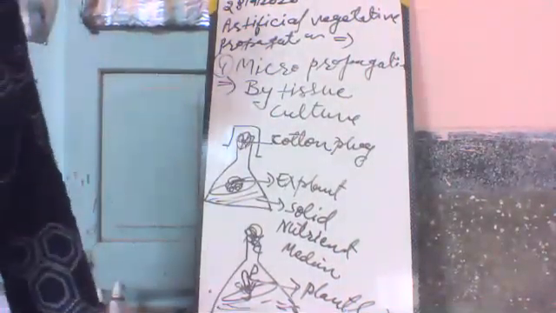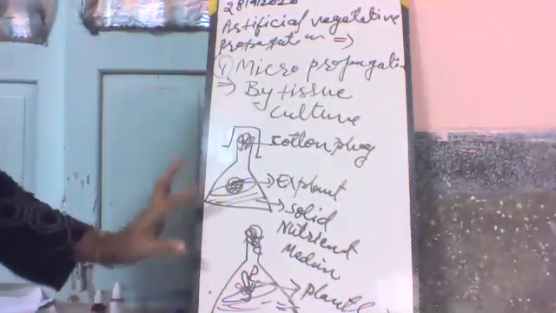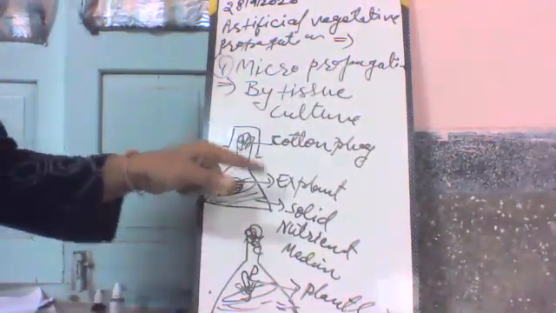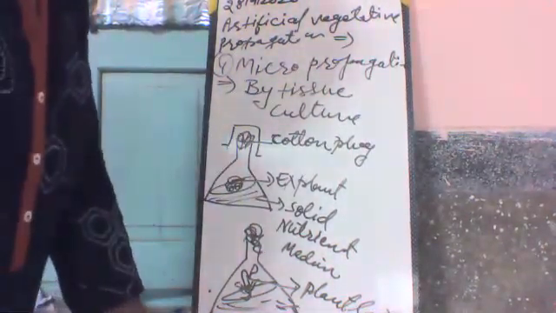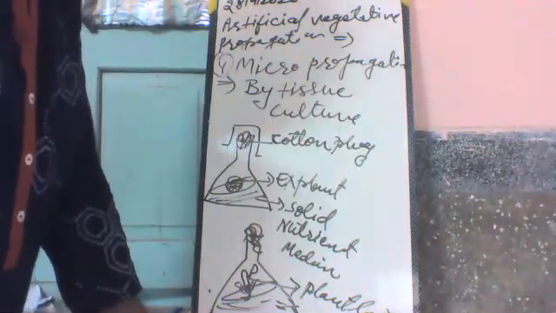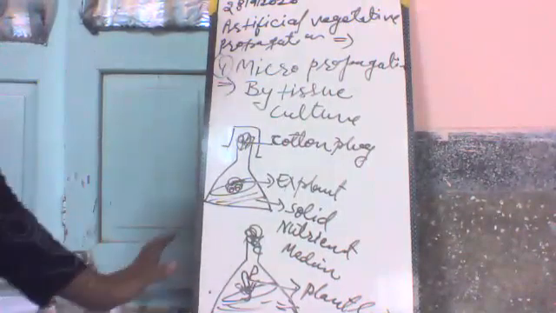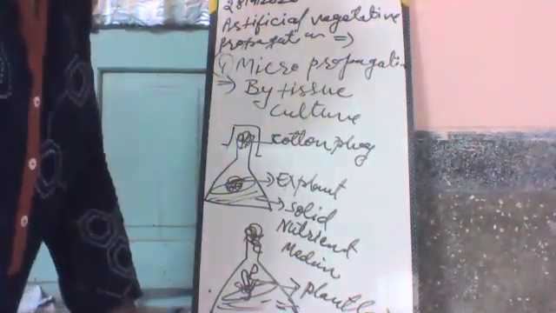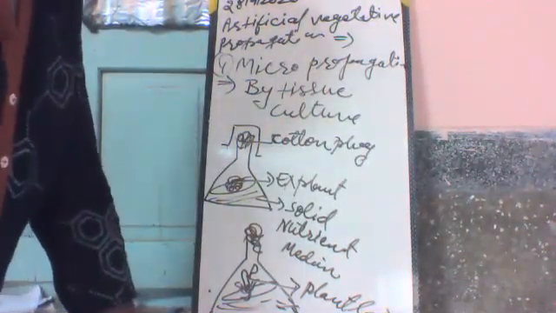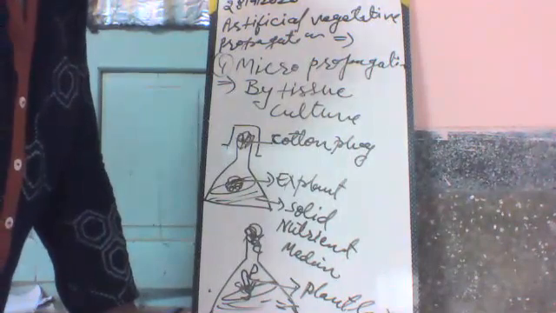What we have to do? Choose a plant for the tissue culture, and this plant is known as explant. After sterilization, it means make it free from the germs and bacteria by adding some chemicals.